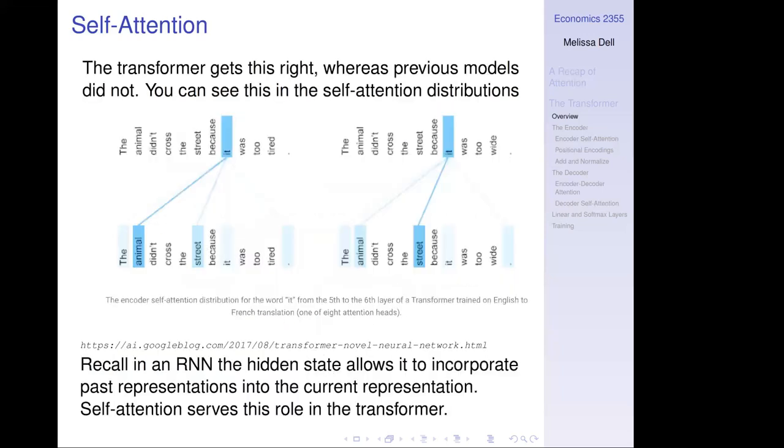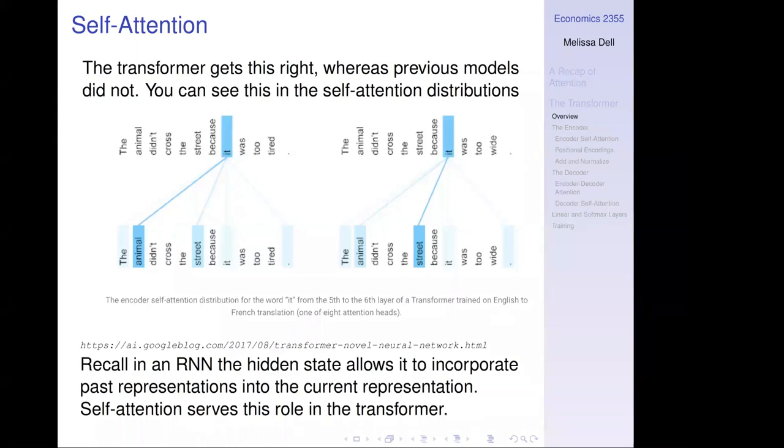This is showing where the word "it" is attending to in each of those sentences. In the sentence, the animal didn't cross the street because it was too tired, it's attending to animal. And in the other case, it's going to attend to street.